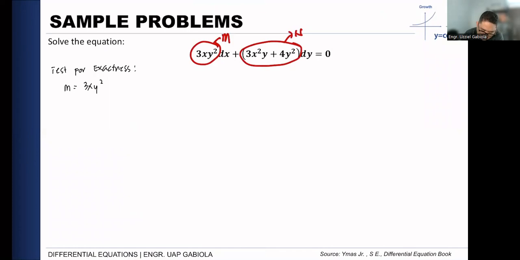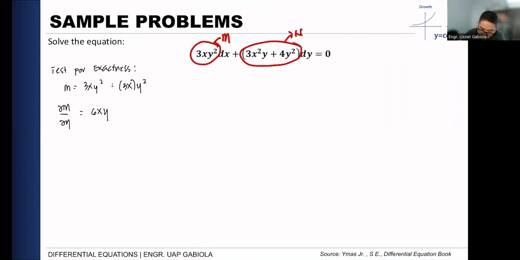So, partial ni m with respect to y, what will be the answer? 6xy. Okay? Kasi that is y squared, no? So, pag binaba mo yung 2, magiging 3x times 2, tapos y, 2 minus 1 times 1. Kaya may y pa din.